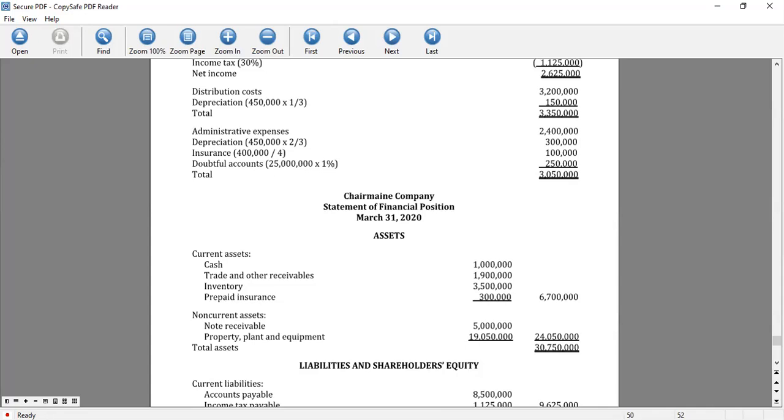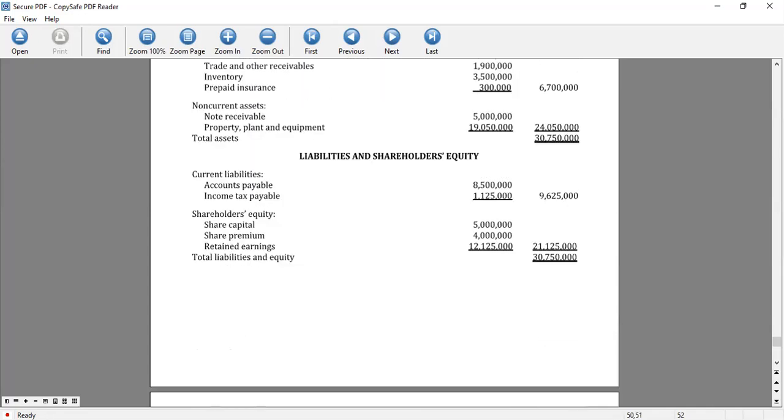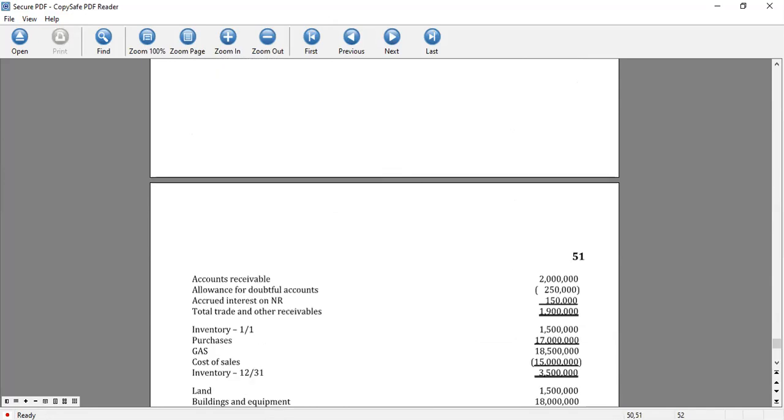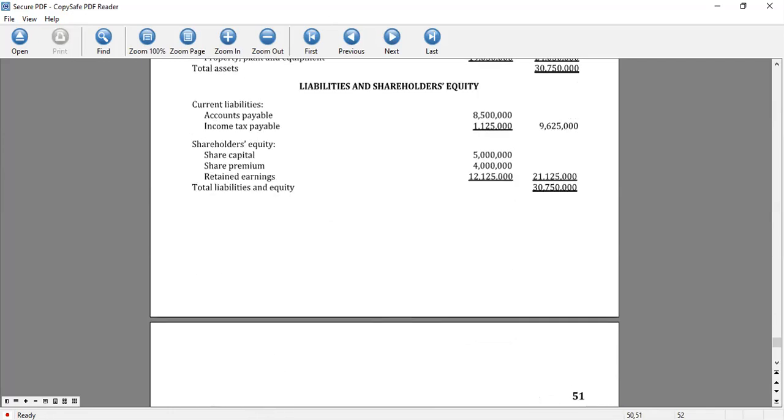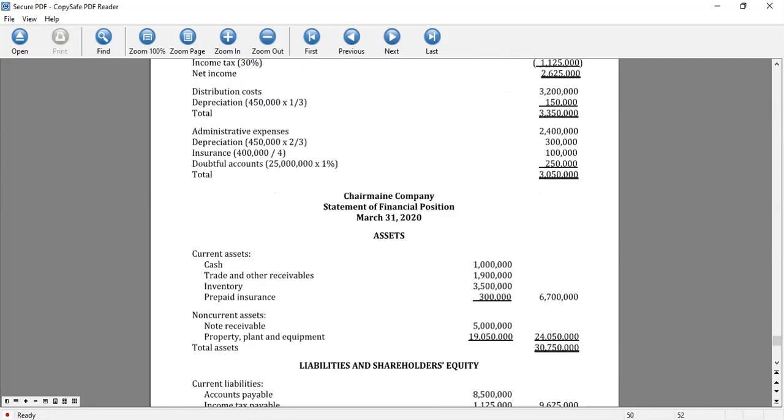We have our trade and other receivables, 1.9 million. As here we have accounts receivable of 2 million, allowance for doubtful accounts, we deduct 250,000 as computed in the income statement.